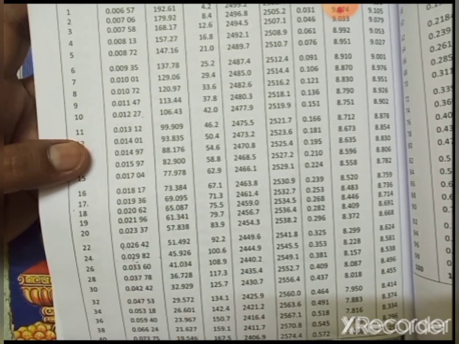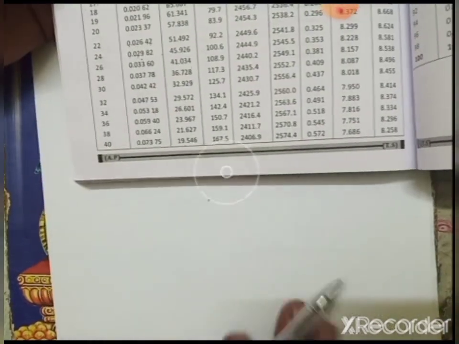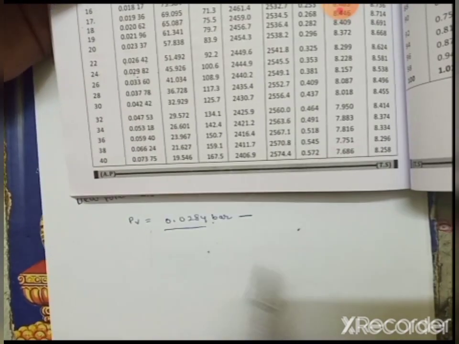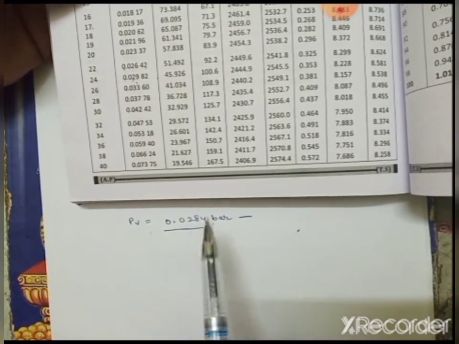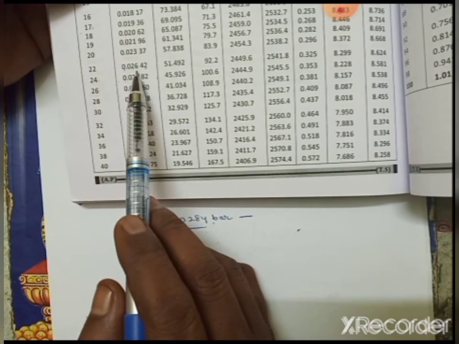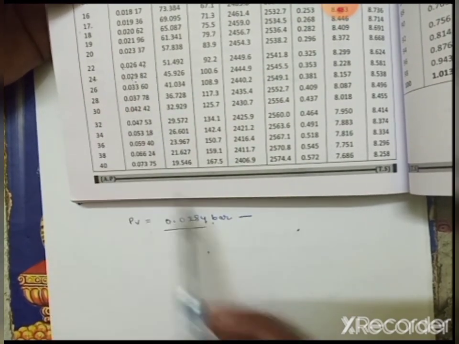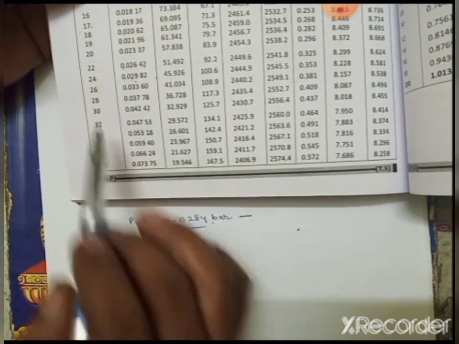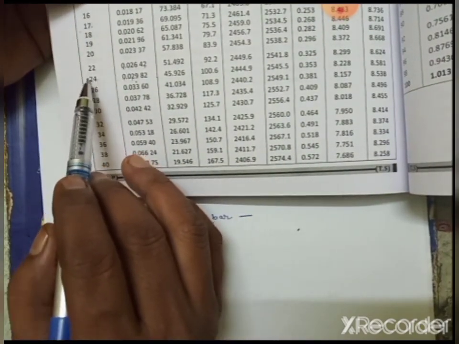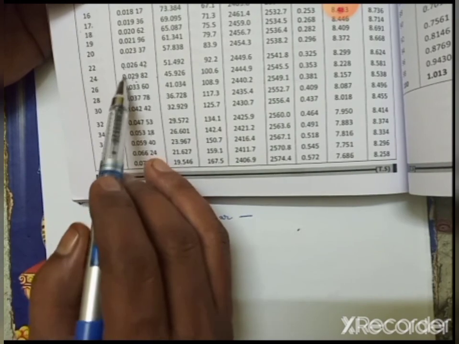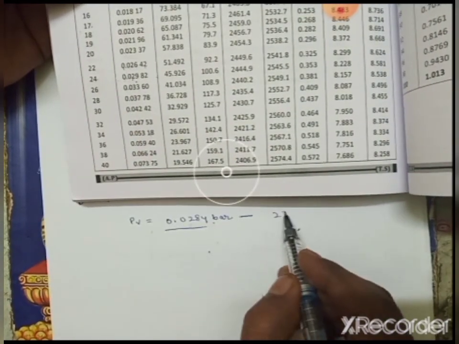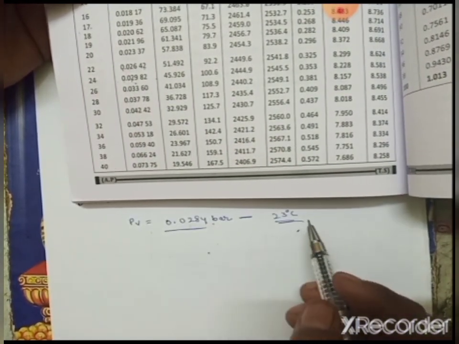The value 0.0284 is in between these, so the corresponding temperature is 23 degrees centigrade.